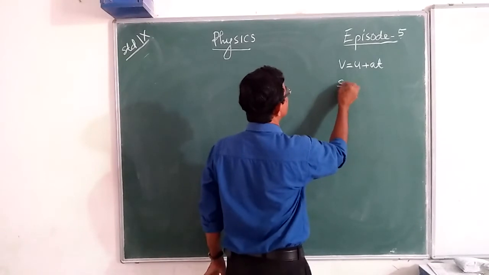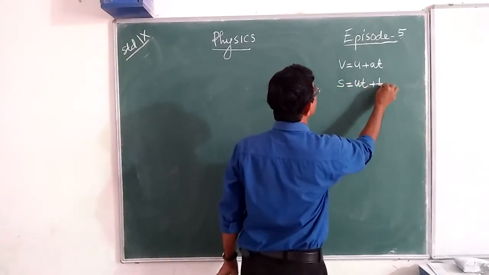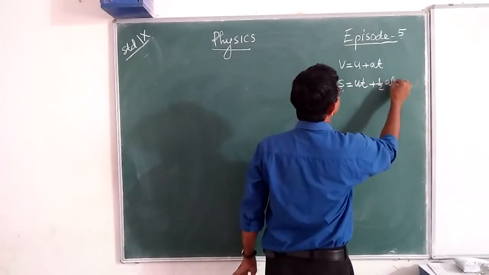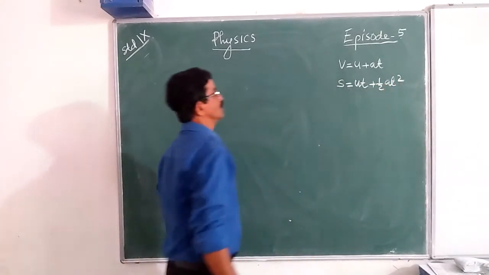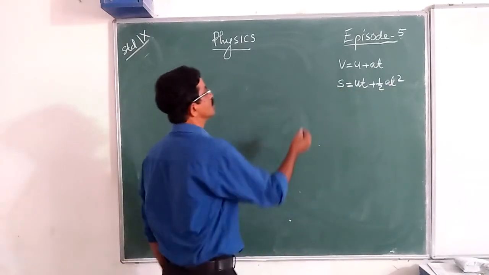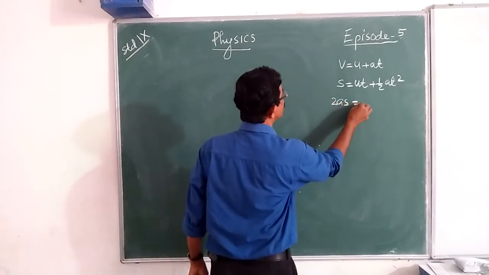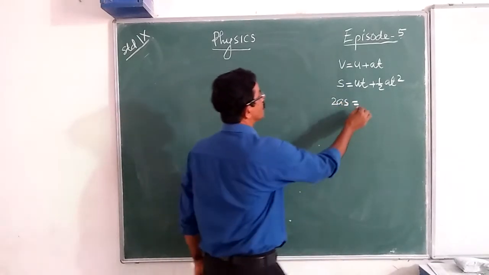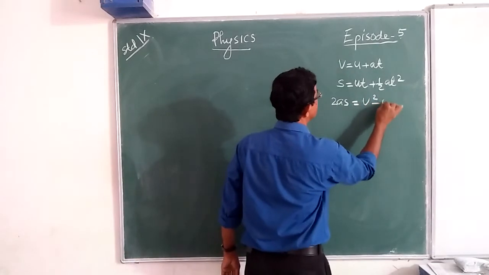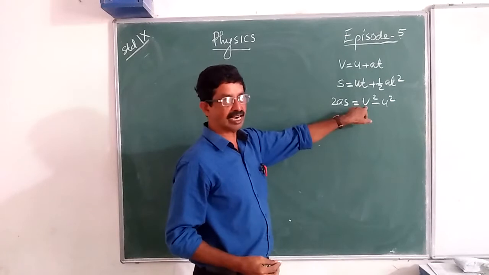Second: s equal to u t plus half a t square, the position-time relation. Third: 2as equal to v square minus u square, the position-velocity relation.